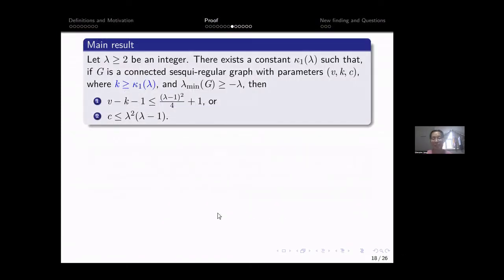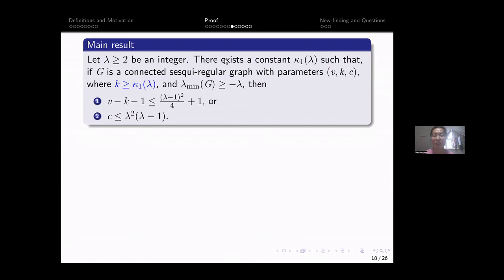Because we spent quite a lot of time introducing the associated Hoffman graph and the Hoffman graphs, we may forget what we want to prove. So here I remind you of the main result we want to show again.